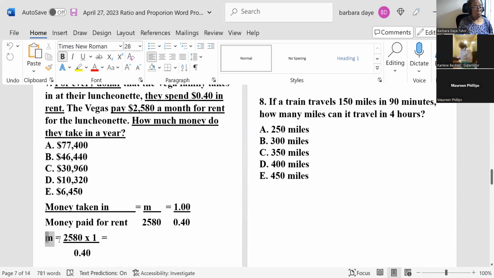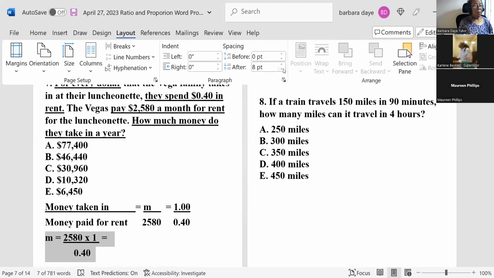That's a divide, right? What is that equal to, Maureen? Okay, hold on. 6,450. But what does that represent?